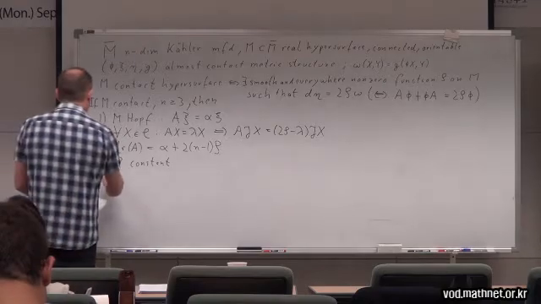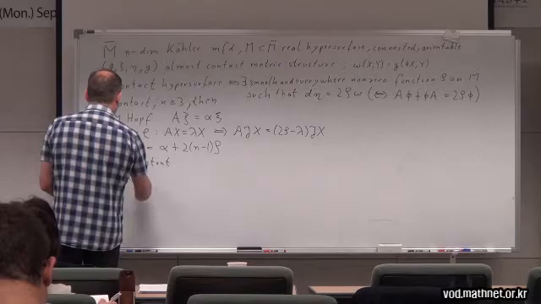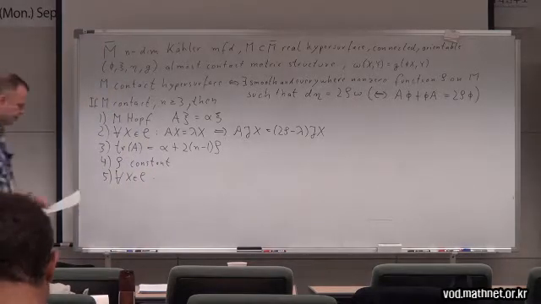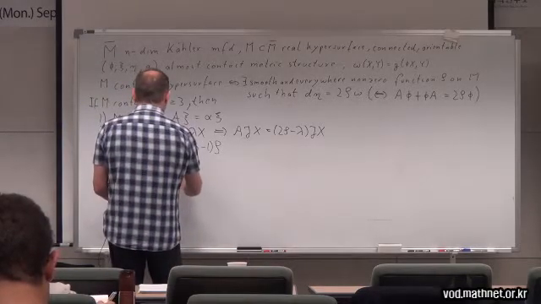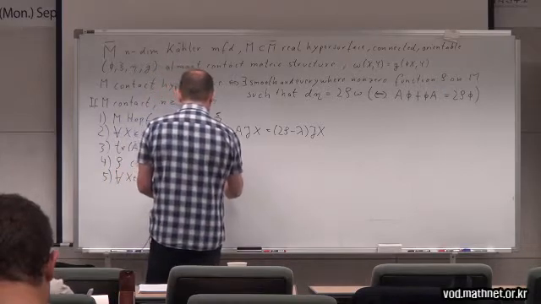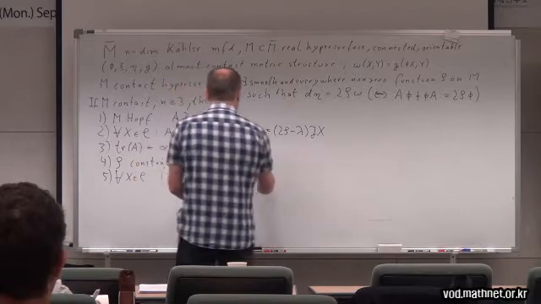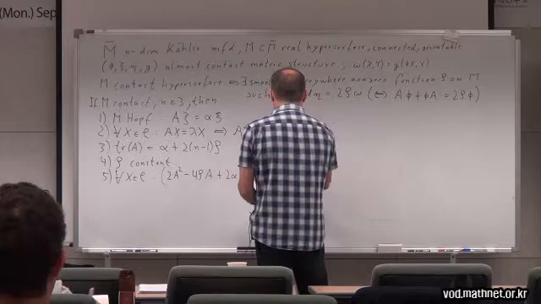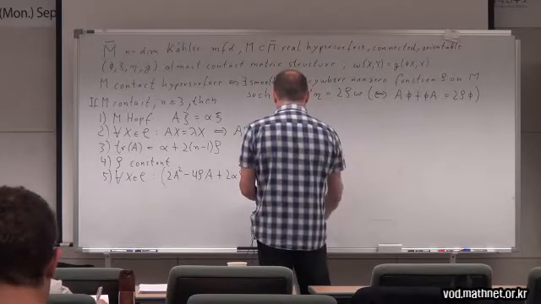The fifth one, which I'm going to use later: for every vector x in the contact distribution, we have 2A squared minus 4 rho A plus 2 alpha rho, applied to x, and this can be written using the curvature tensor of the Kaehler manifold.